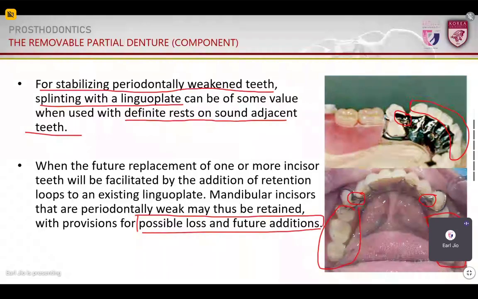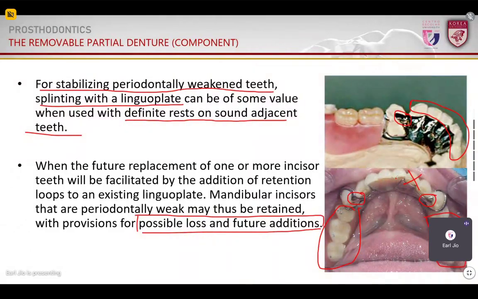Because, for example, we have remaining natural teeth that are periodontally weak and in the future one gets extracted. In that sense, since we have lingual plating in this area, we can add an additional pontic to our existing partial denture. In that case, the patient can still use the existing partial denture even if one of the abutments has failed already.